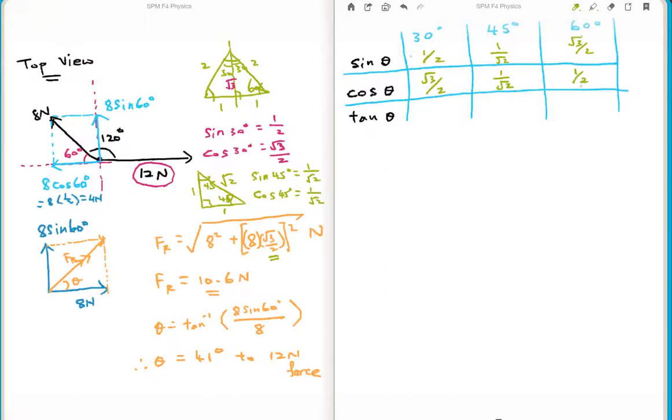Okay, tangent. Tangent 30 is 1 over root 3. Tangent 45 is 1. Tangent 60 is root 3. This is one of the tables. It helps you. You will need to stop this video, and with this table, it helps you to solve problems.